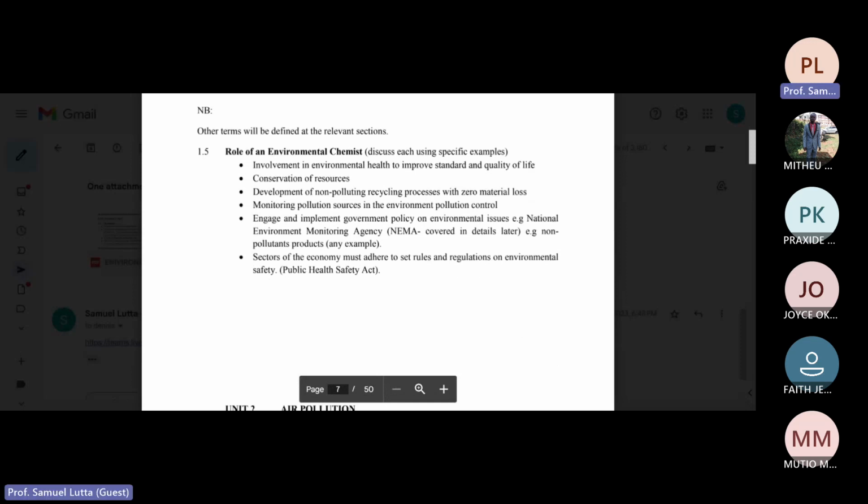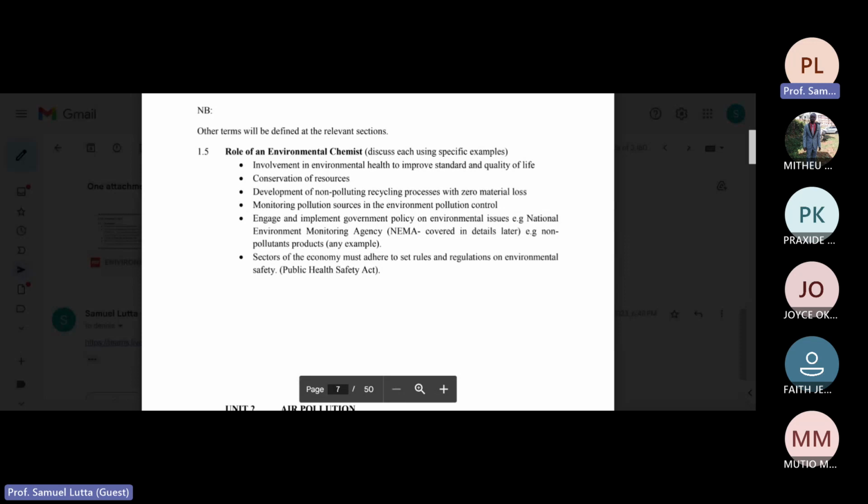And then we said it's important for us to learn these things as environmental chemists. We need to be able to be involved in this. So we talked about involvement in improving the standard and quality of life. We learned that one here. And also it's important that we do what we call conservation of resources.